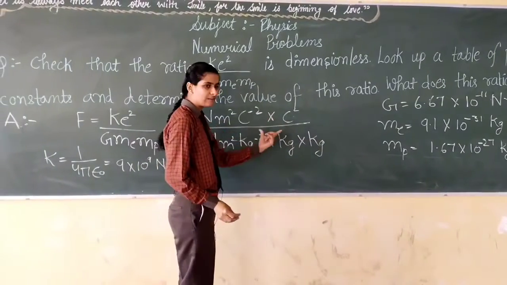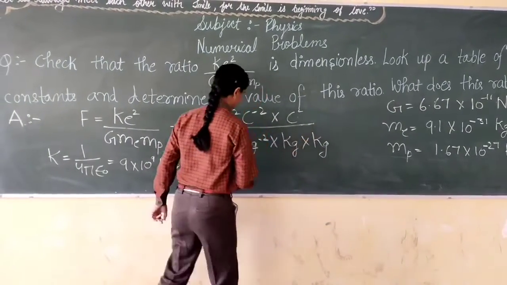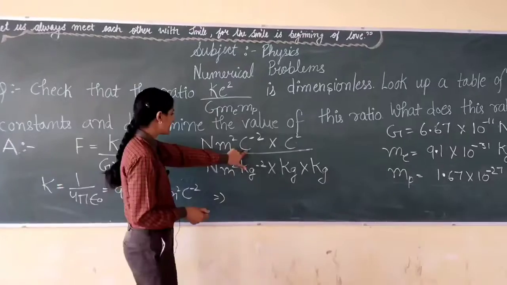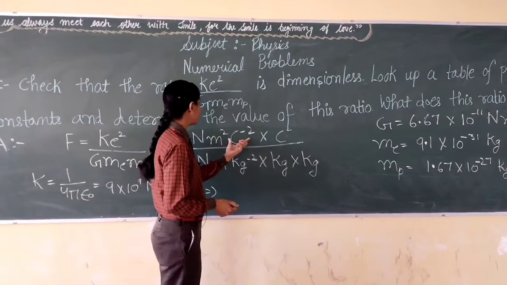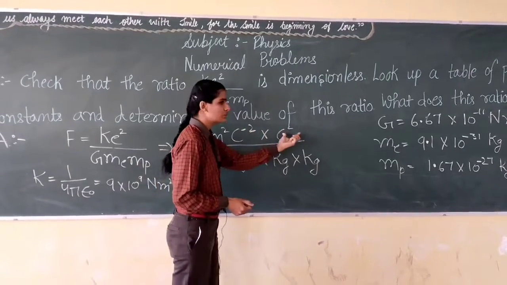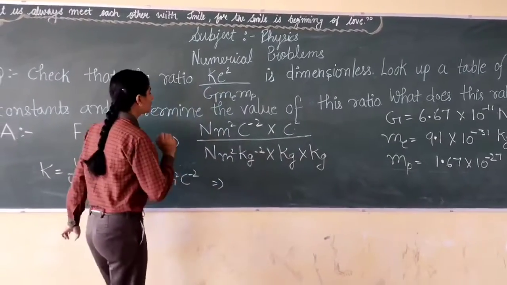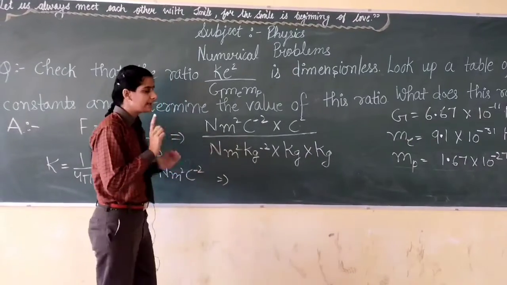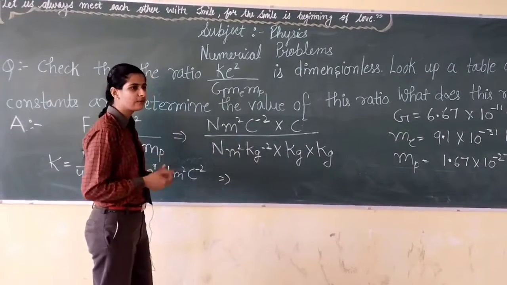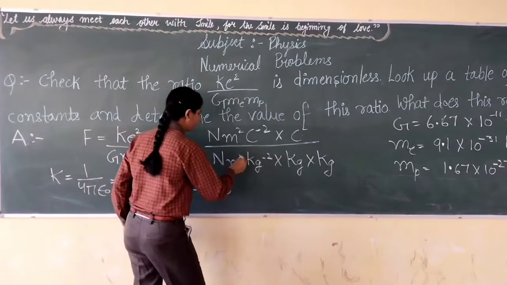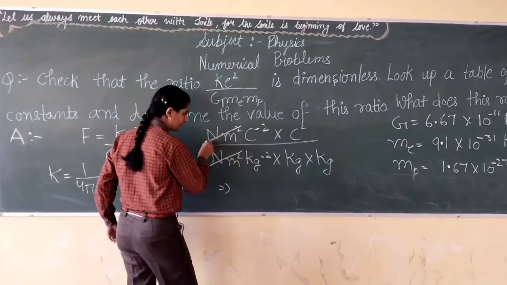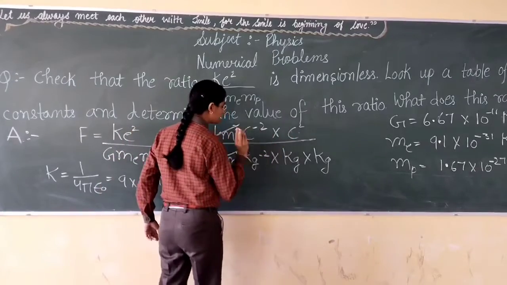Base are same, so powers will be added. Same here, so powers will be added. What will happen? See, minus 2 plus 2 will equal 0, and anything whose power is 0, we consider as 1. So we are left with Newton meter square; cancel out Newton meter square, and this is 1 as we studied here.